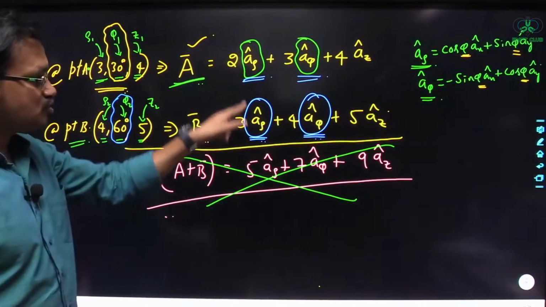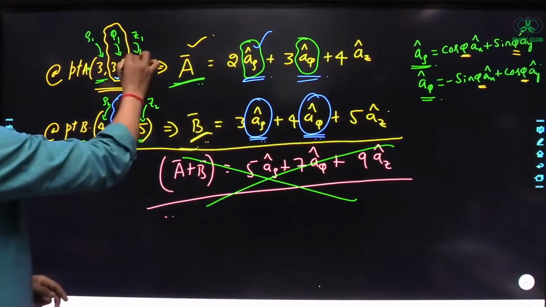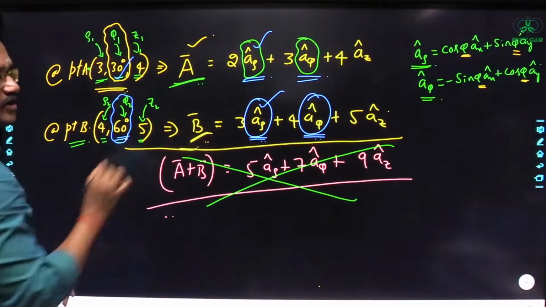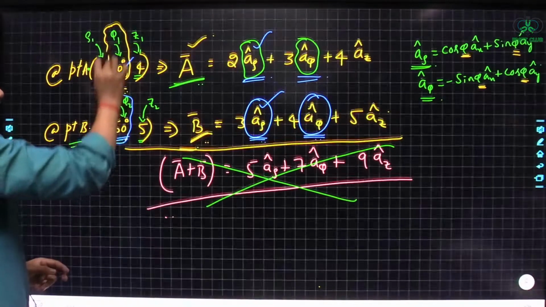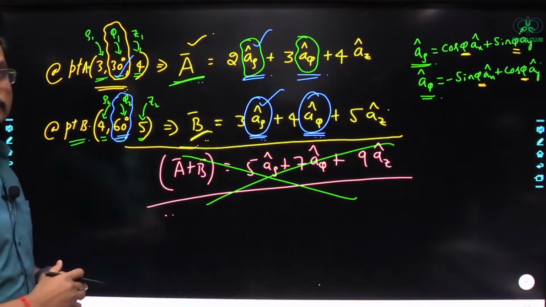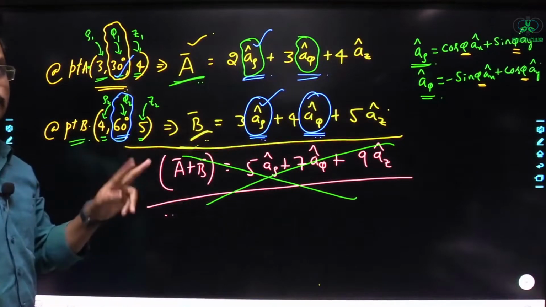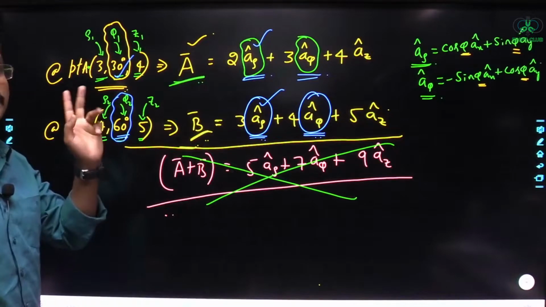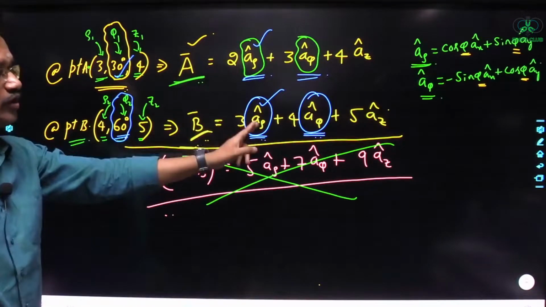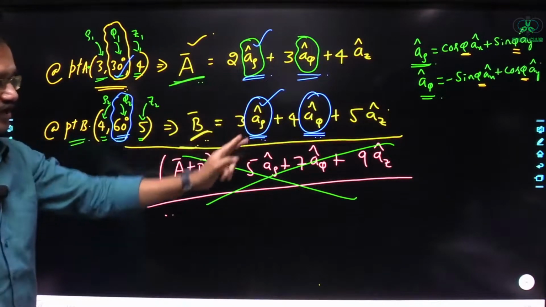The a_ρ cap direction at this point and at that point are different, because the phi values are different for these two points. Both are not pointing in the same direction, not parallel to one another. So you cannot add these two components directly.